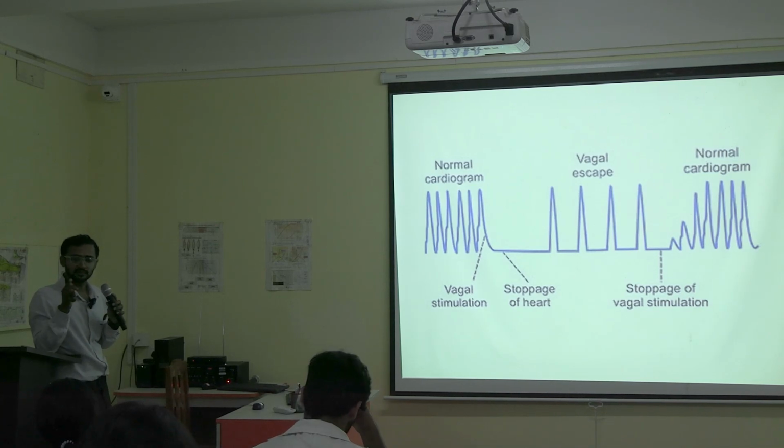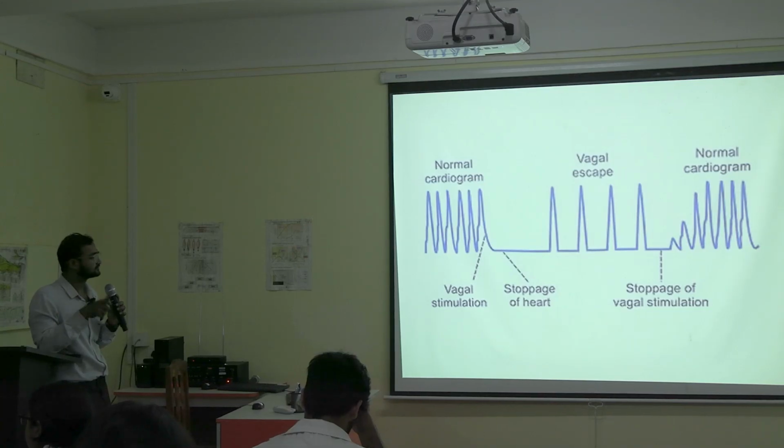Normally the electrical stimulation is generated from the SA node, the pacemaker. If you give inhibitory action here, there won't be production of the impulse, so it won't conduct to the heart. There will be a straight line, a phase of asystole, where there is no contraction, no relaxation.